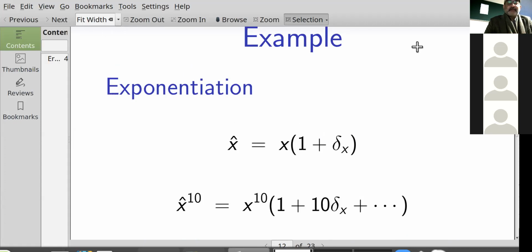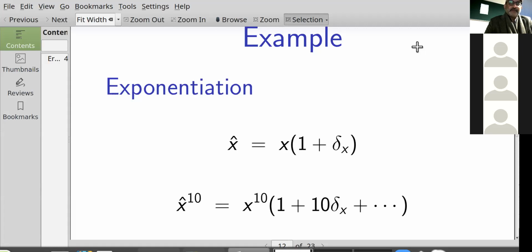Okay, so we drop the higher order terms, and the relative error given by exponentiating to the 10th power looks like 10 times the relative error for x.